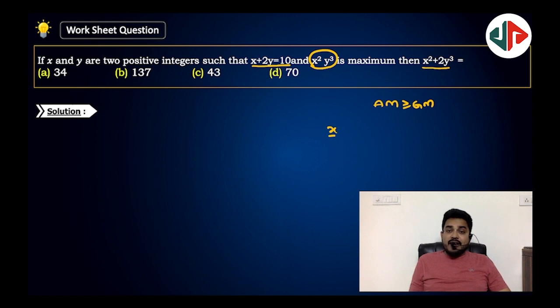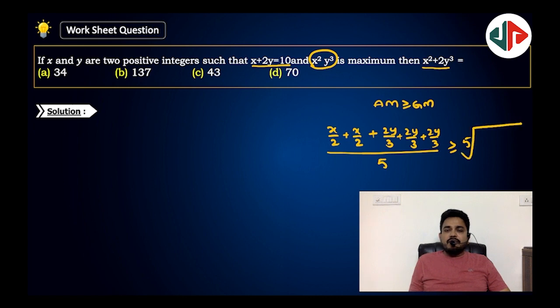I will write x by 2 plus x by 2, and for y cube I'll write 2y by 3 plus 2y by 3 plus 2y by 3. Total number of terms 5, which is always greater than or equal to the fifth root of x square y cube.